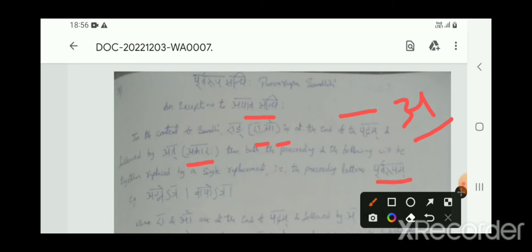Purvarupam means the preceding vowel. Preceding vowel means whether it is A or O. This is the replacement, and it will happen on both sides. We'll see that in an example.